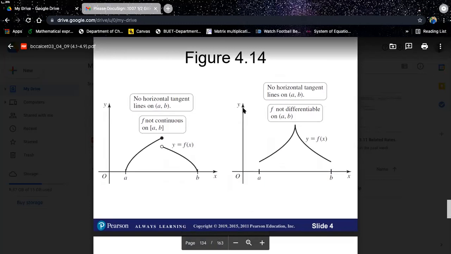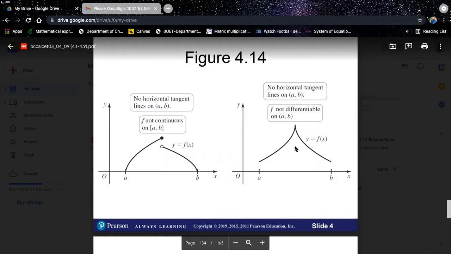So we have a couple of examples where the situation, or rather the requirements, the conditions are not met. And I think we have seen these examples before, like this one on our right. It is definitely continuous, but it's not really differentiable everywhere, because at this point, it's not differentiable. It's a corner point.